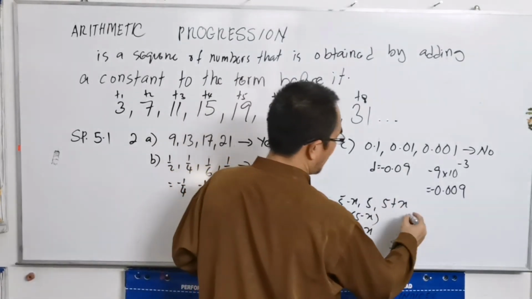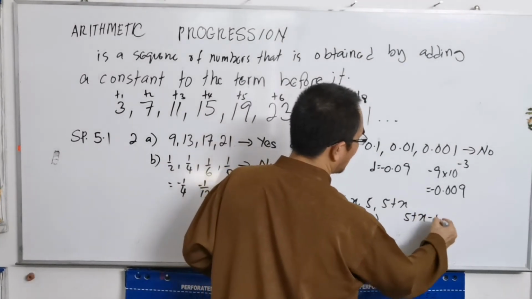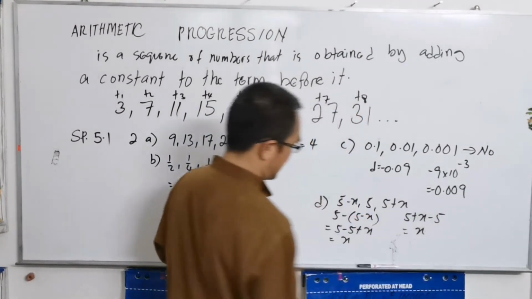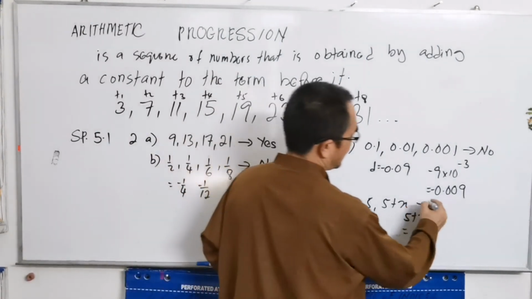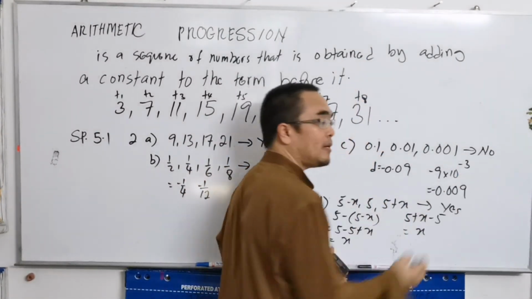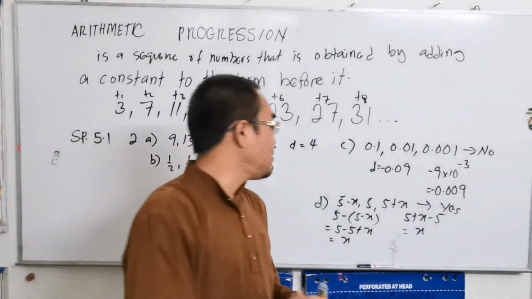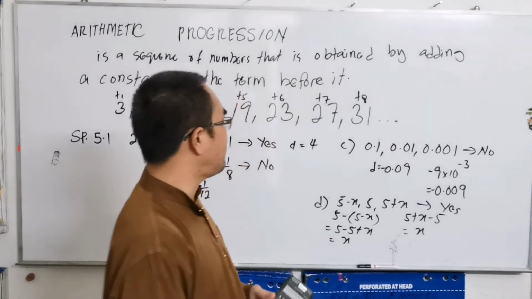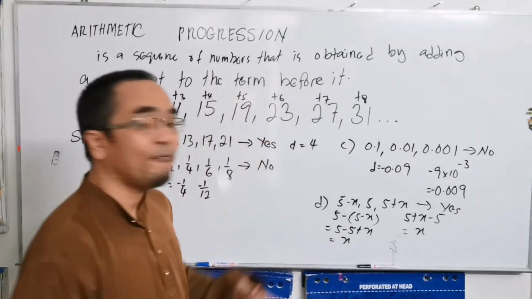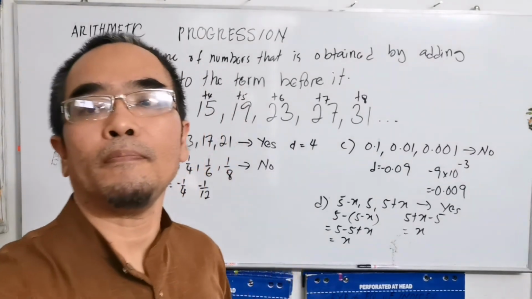And this one, 5 plus x minus 5, will be x. So yes, it is an arithmetic progression because they have a common difference of x.